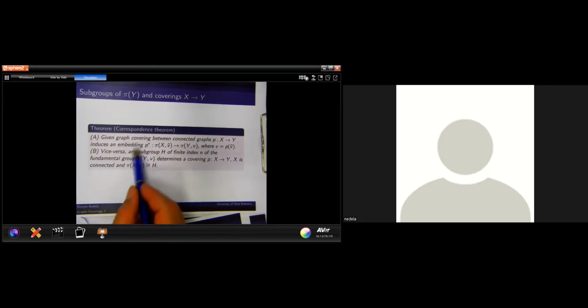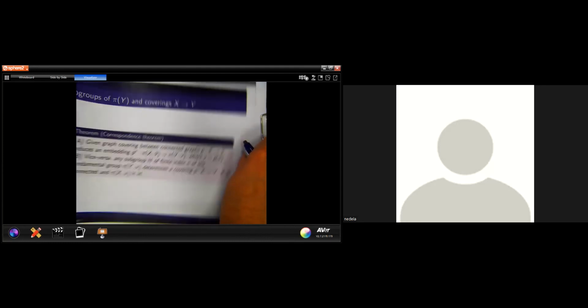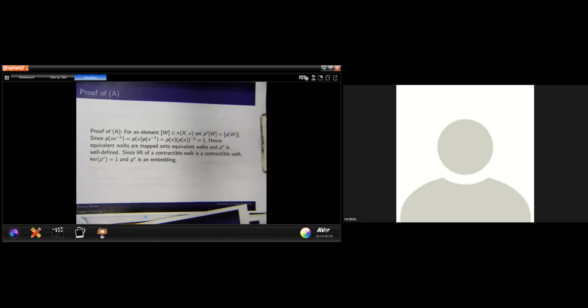If one fixes a subgroup H of finite index n in the fundamental group of the base graph, then one can construct a covering with X connected such that the fundamental group of the upper graph is isomorphic to the prescribed group H. So it works both ways. This is quite an important statement with many consequences.